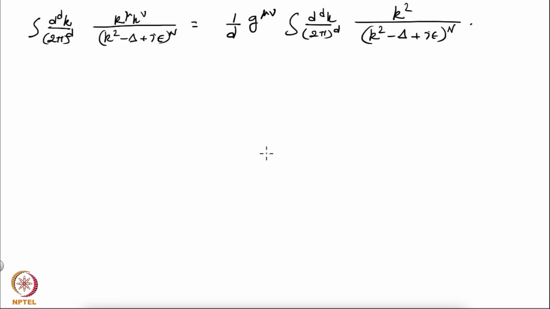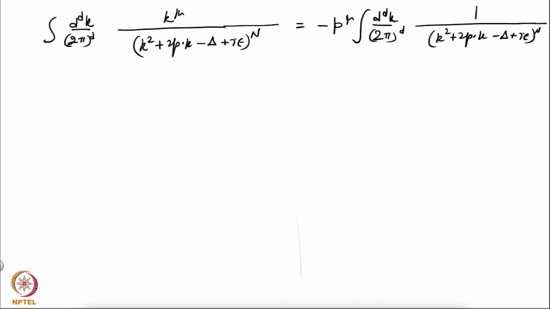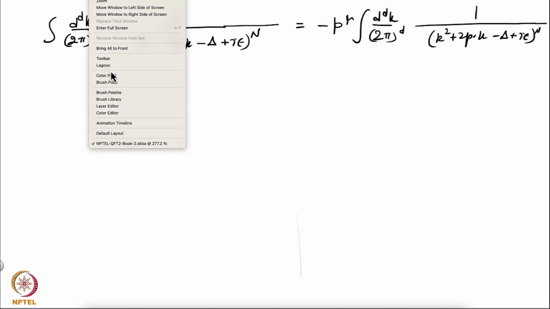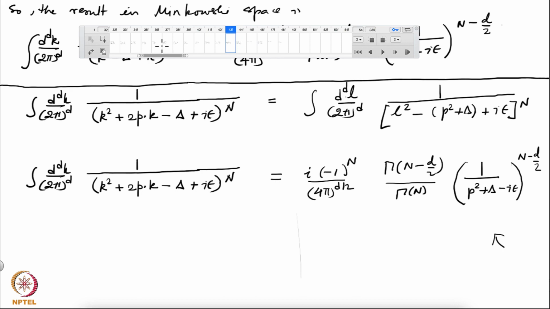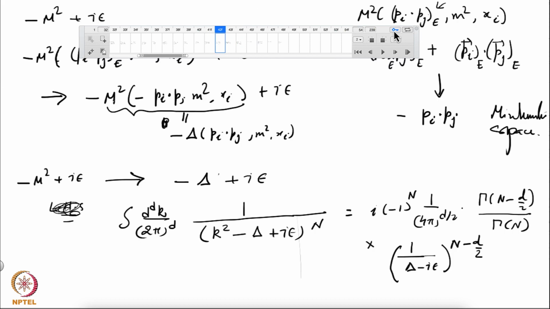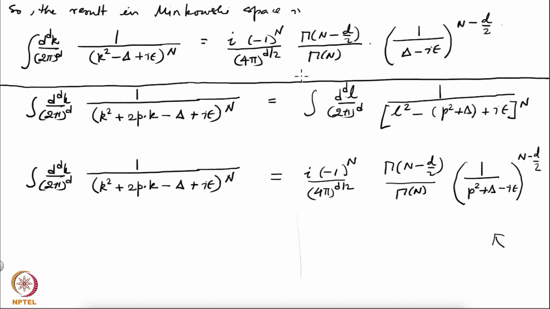So let's go back and see somewhere here. I should have that result. Yes, I can check. This one: integral d^d k over 2 pi to the d, 1 over k square minus delta plus i epsilon to the power n.